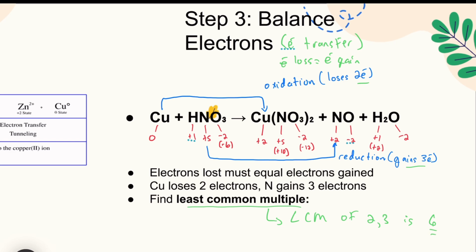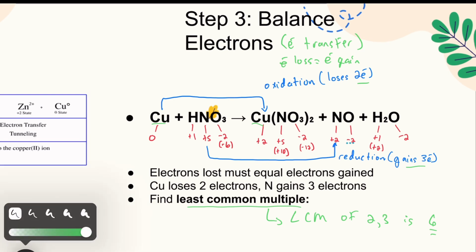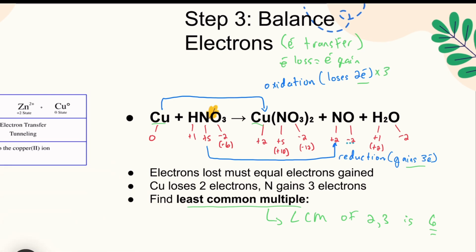To correct that, we're going to add a coefficient in front of each of the substances that are undergoing that electron transfer change, or that oxidation number change. Since copper goes from 0 to 2 plus, we're going to have to multiply this one by 3.